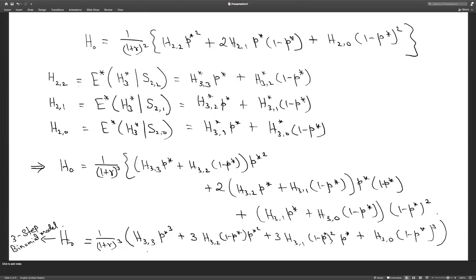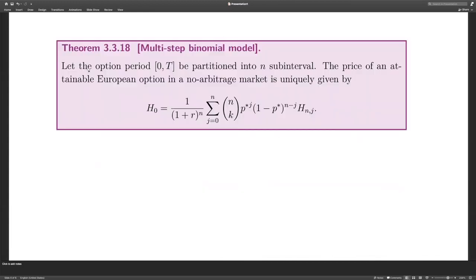Here itself you could have seen the pattern that is forming up, right? So you can generalize it, and we get the formula for H naught in the n step, which we will write in the form of a theorem. You are given an option with period 0 to t, and it is partitioned into n subintervals. It means you have n time levels in the partition of the time interval.